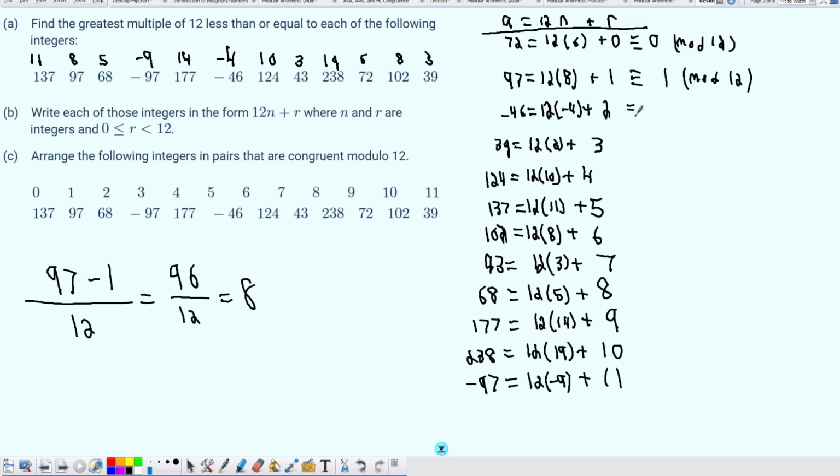Negative 46 is congruent to 2 mod 12. 39 is congruent to 3 mod 12. 124 is 4 mod 12, and so on and so on.